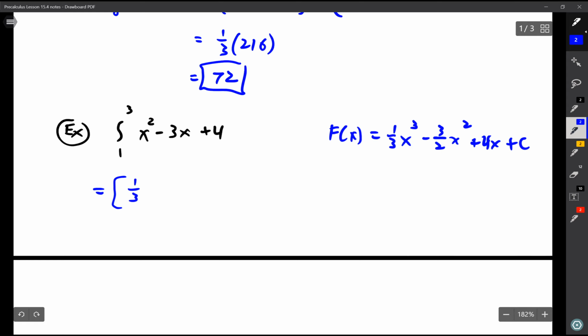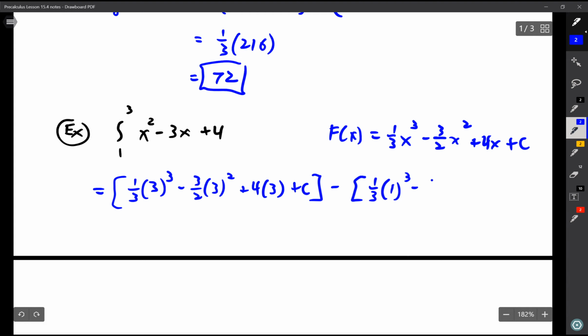So 1/3 times 3 cubed minus 3/2 times 3 squared plus 4 times 3 plus c, minus 1/3 times 1 cubed minus 3/2 times 1 squared plus 4 times 1 plus c.